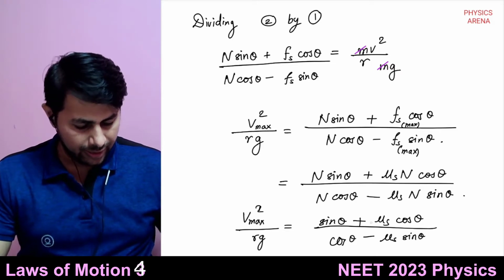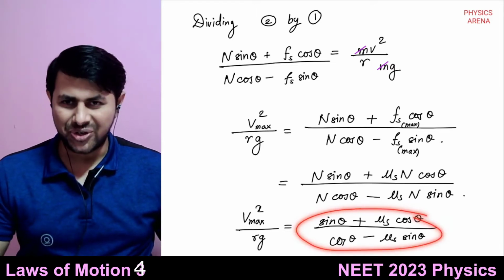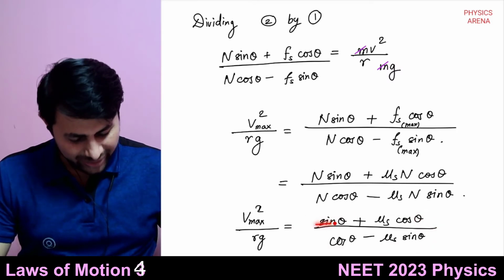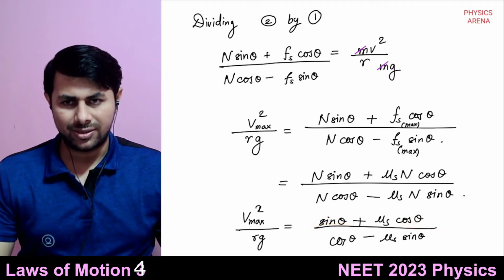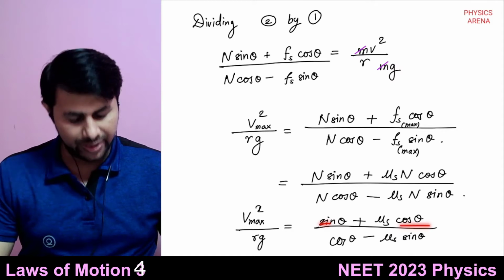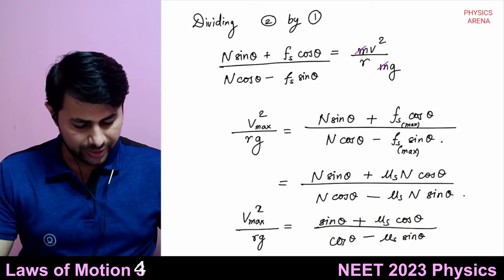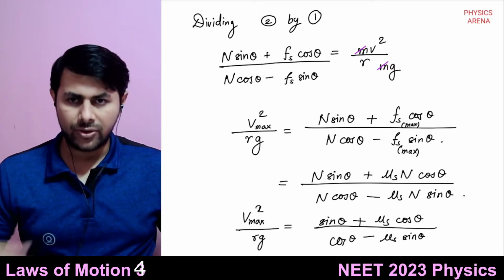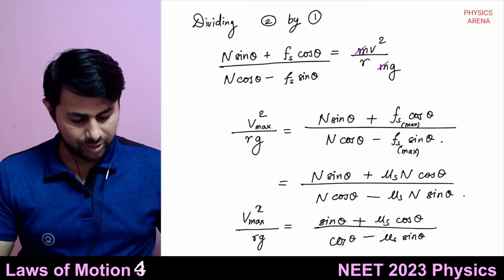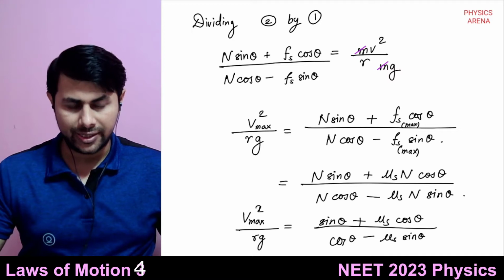And then in order to simplify this, we'll divide every term by cos theta in the numerator and denominator. Or you can say you are taking cos theta common from the numerator and denominator and cancelling it out.